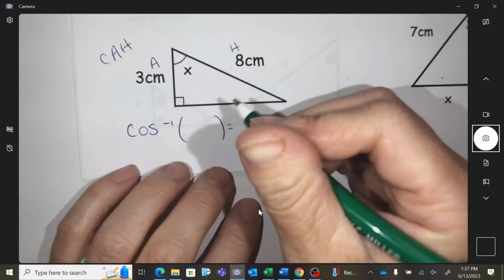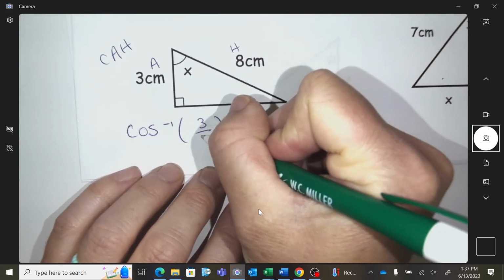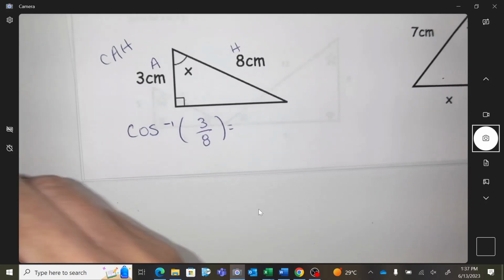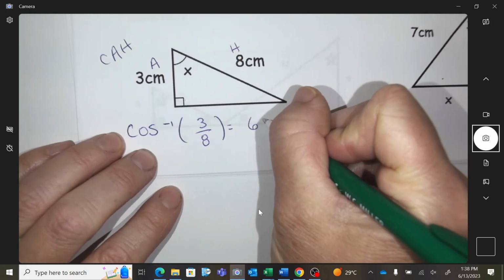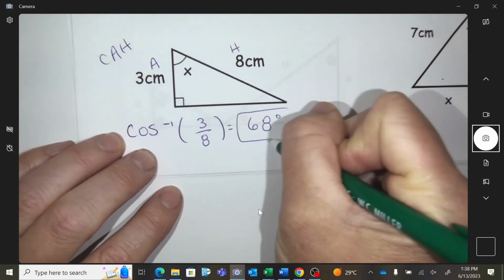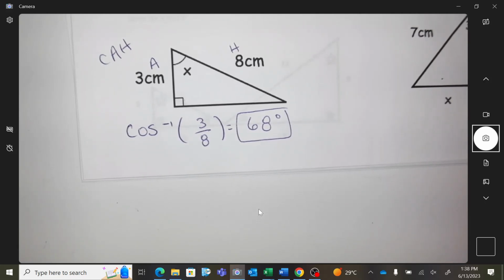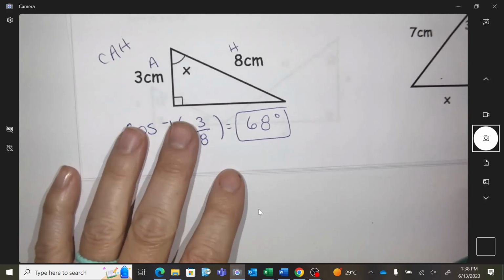Cos inversing A divided by H. I rounded, and it actually rounded up to the whole number.